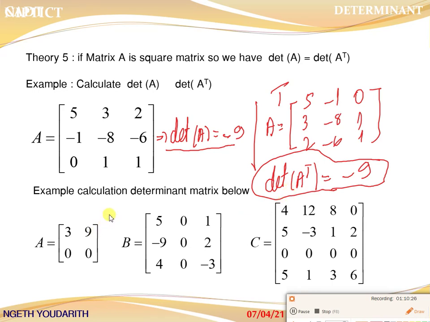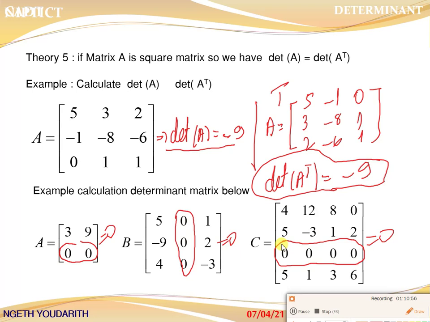But the determinant at this point is equal 0. This one is equal 0. This one is equal 0. Why do I know this equals 0? Because this row is 0. This column is 0. This row is 0. In a matrix, if a column or row equals 0, the determinant is equal to 0.